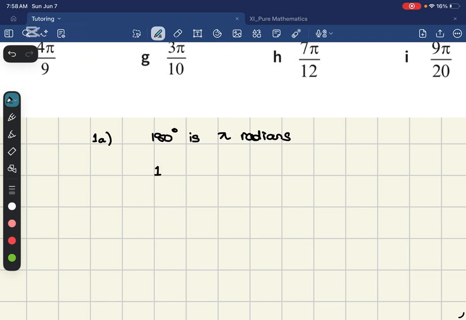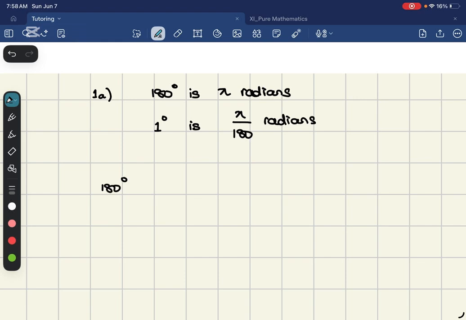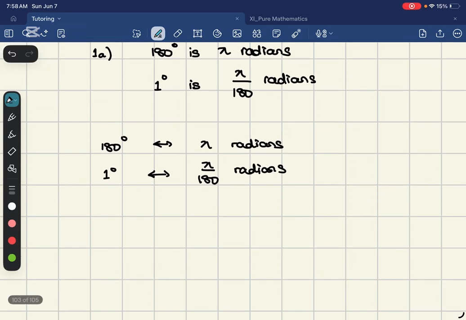So 1 degree is going to be pi divided by 180 radians. So I have 180 degrees corresponding to pi radians. So if I need 1 degree, I need to divide by 180 on both sides, right? So I get this relationship. 1 degree is pi over 180 radians.